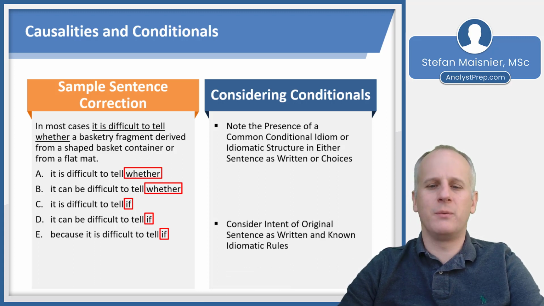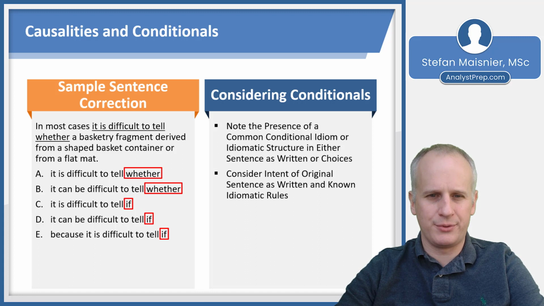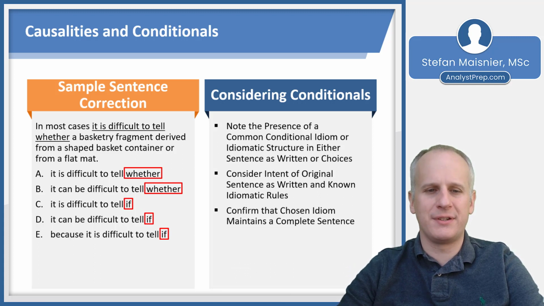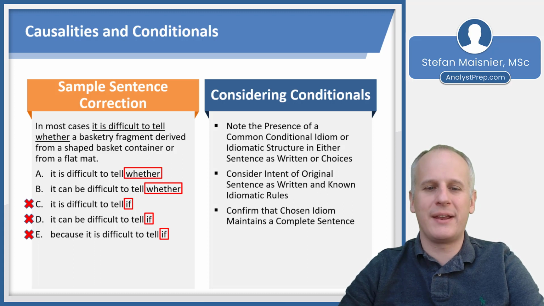So we know that you have to focus on the intent of the original sentence and know those idiomatic rules. So here we're clearly discussing in the sentence one of two options. And when it's one of two options, we're going to have to go with a whether as opposed to the if. Now, we then have to confirm that whichever idiom we choose maintains a complete sentence.